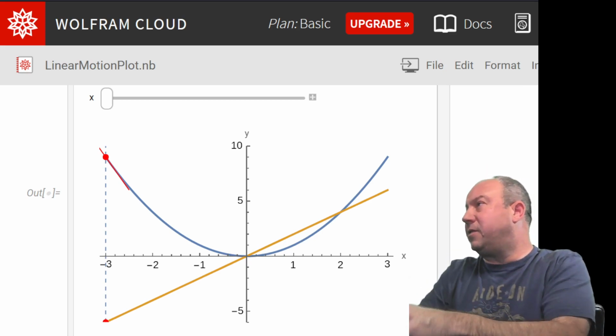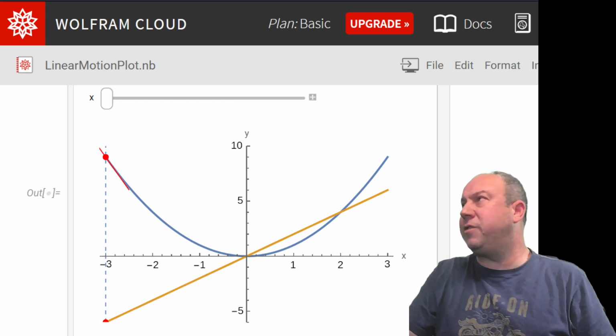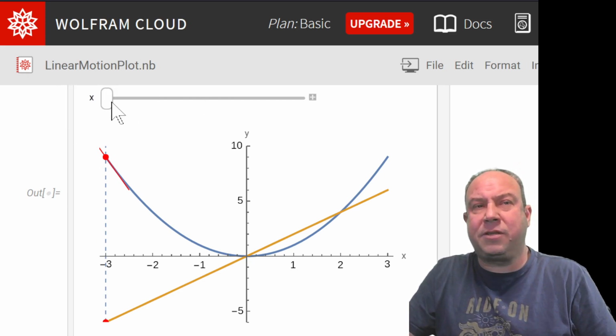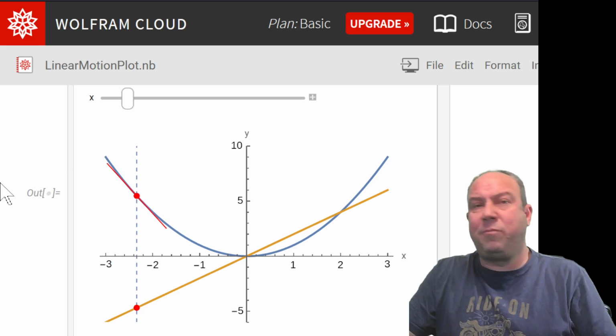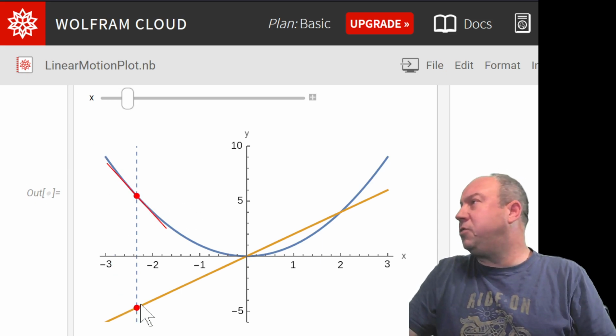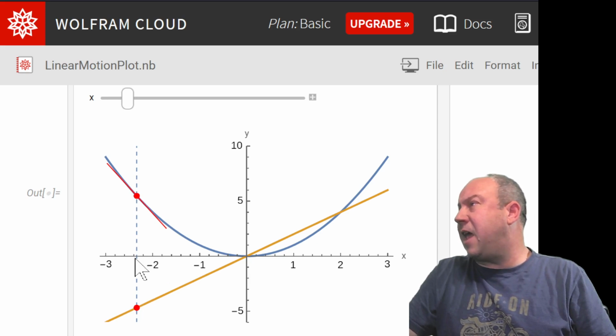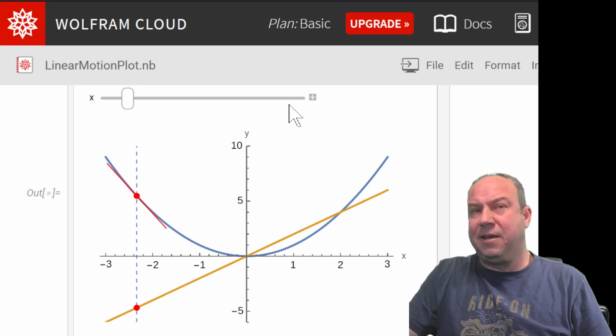This is a little manipulative where I can change the values of x. You can see that up at the top. I can grab this slider bar and adjust my values of x. As I move my values of x, two points on the graphs also change and align themselves along the x-axis with respect to the x value we're at.